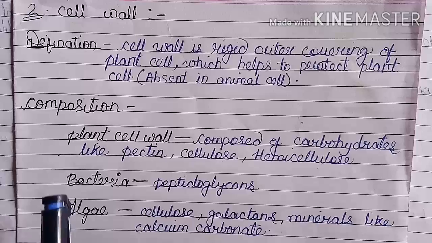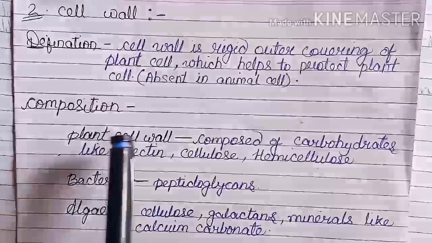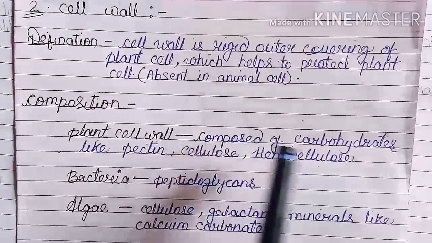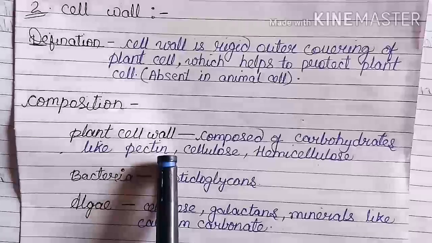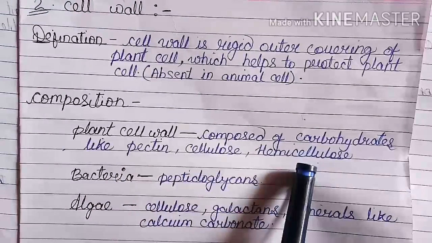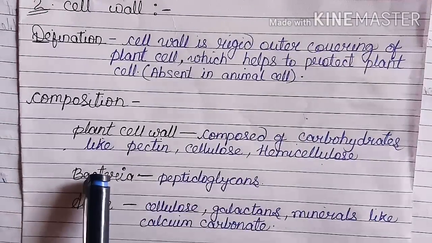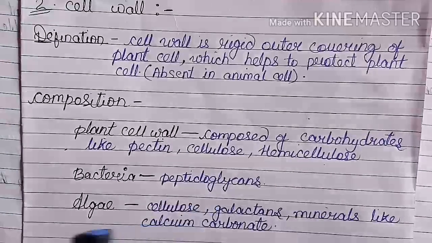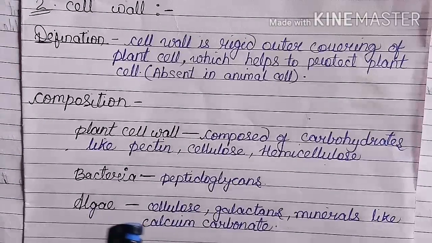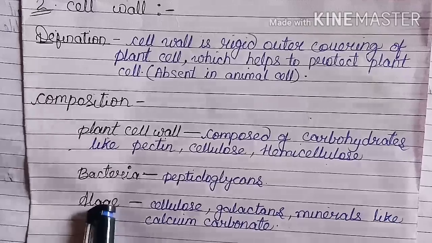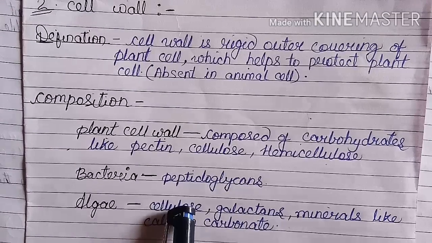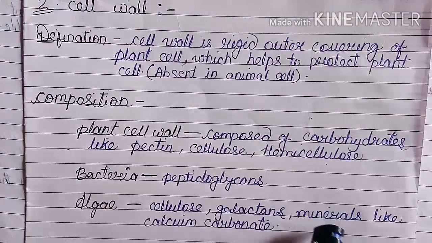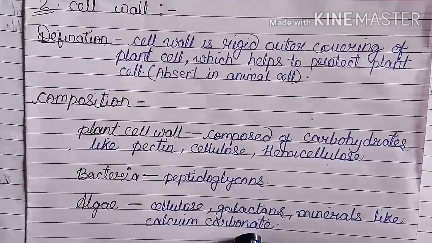One by one we will discuss it. Plant cell wall is composed of carbohydrates like pectin, cellulose and hemicellulose. The bacterial cell wall is composed of peptidoglycans, and the cell wall of algae is composed of cellulose, galactans, and minerals like calcium carbonate.